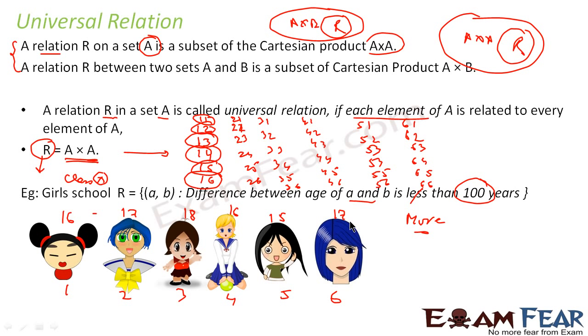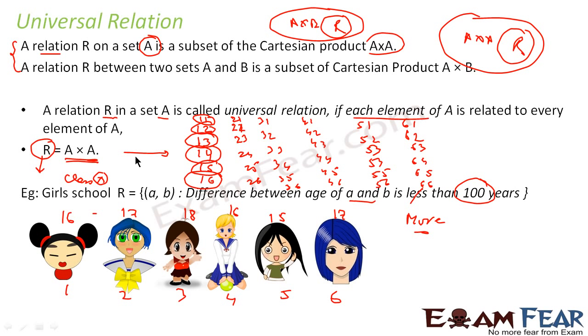First, try to understand. First thing you have to do is you have an object or you have a set. So if you have one set, you get A cross A. You get these values, and then you define a relation, a pattern. If that pattern takes all the objects here, for example, the pattern was A and B age is less than 100 years, it is universal relation.